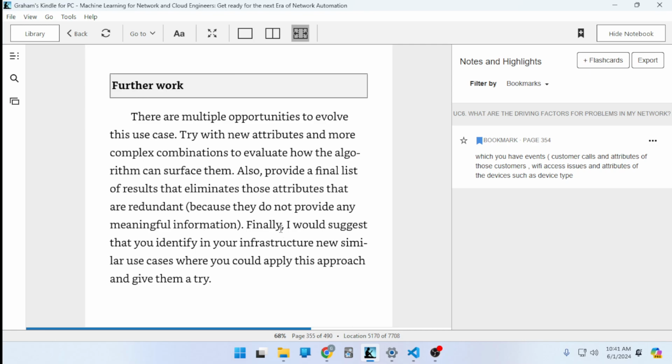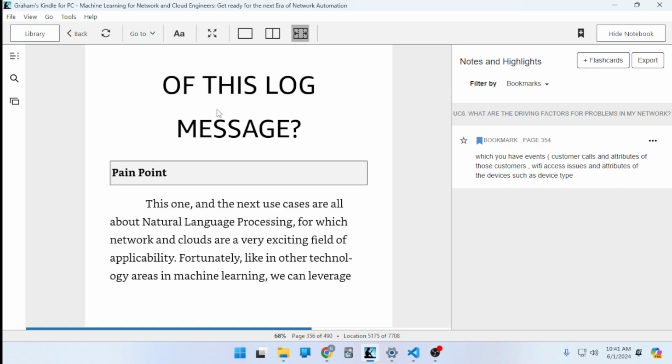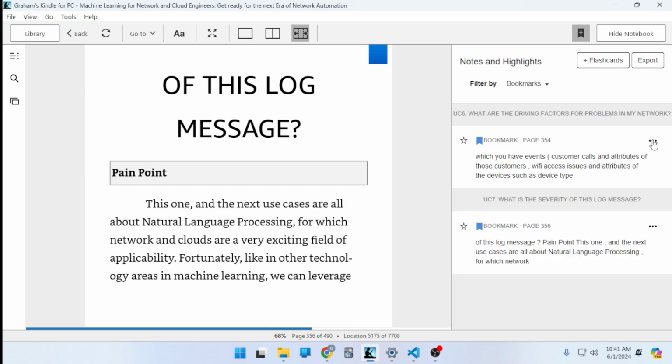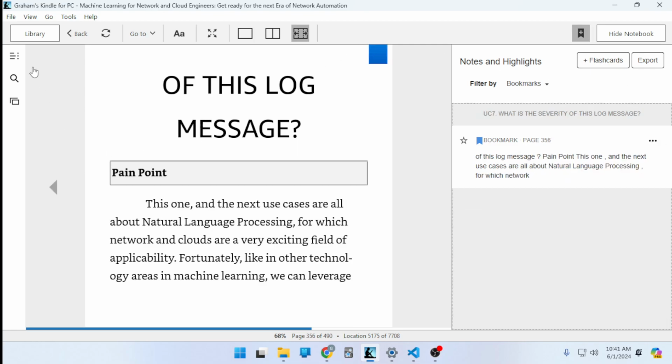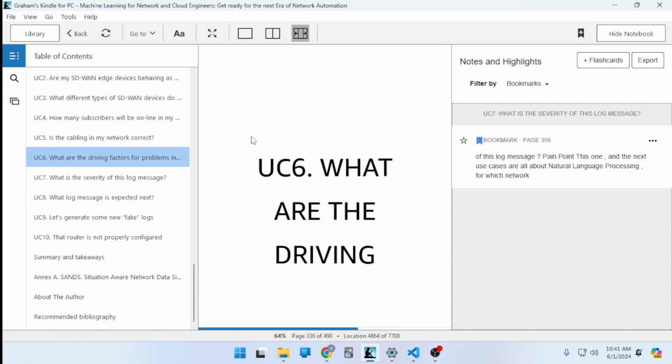Finally, I would suggest that you identify in your infrastructure new similar use cases where you could apply this approach and give them a try. All right, so we're going to move on to use case 7. Use case 7, what is the severity of this log message? So that's where the bookmark goes, but then I want to make a note on how awesome this is.